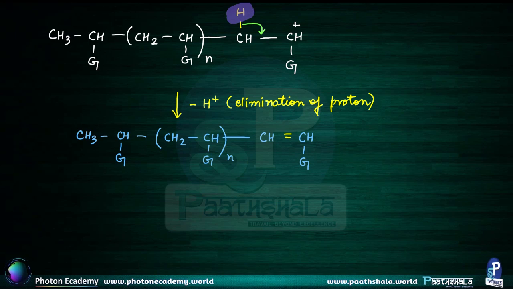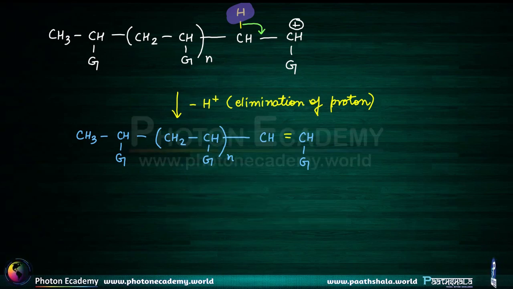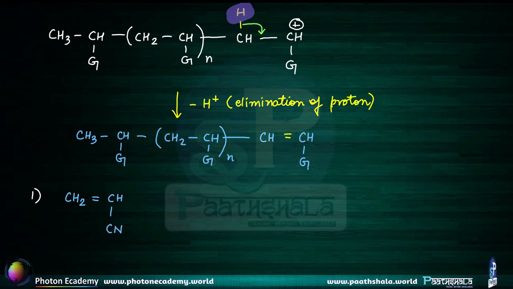Here also, since we know that the intermediate was a carbocation, because there was a positive charge being formed over here again and again. The intermediate being a carbocation, we know that the group which is attached to this intermediate is directly affecting it. So if we take some examples, say CH2 double bond CH, and we have CN in place of the group, or say that we have CH2 double bond CHO C double bond O CH3.